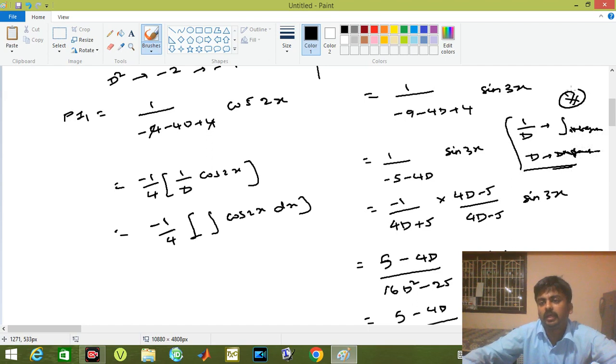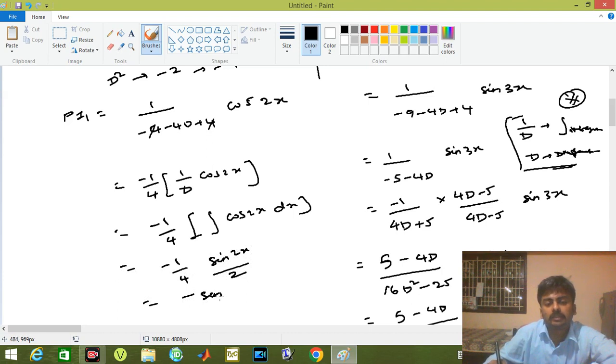This is very important. Okay, now the integration of cos 2x is given by sin 2x by 2, so minus 1 by 4 into sin 2x by 2, that is minus sin 2x by 8.